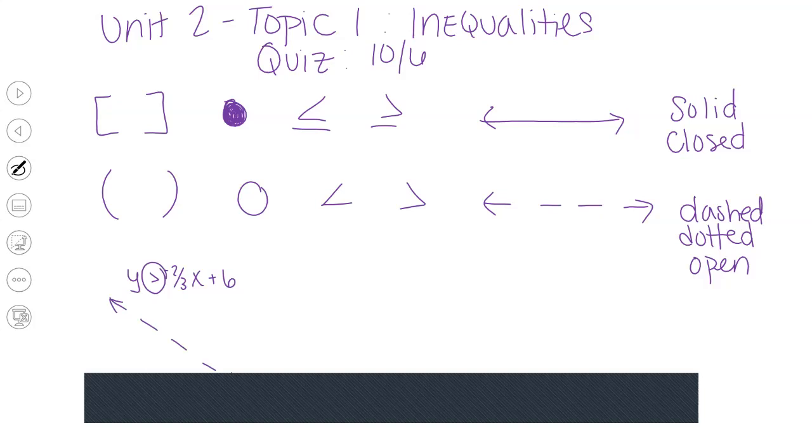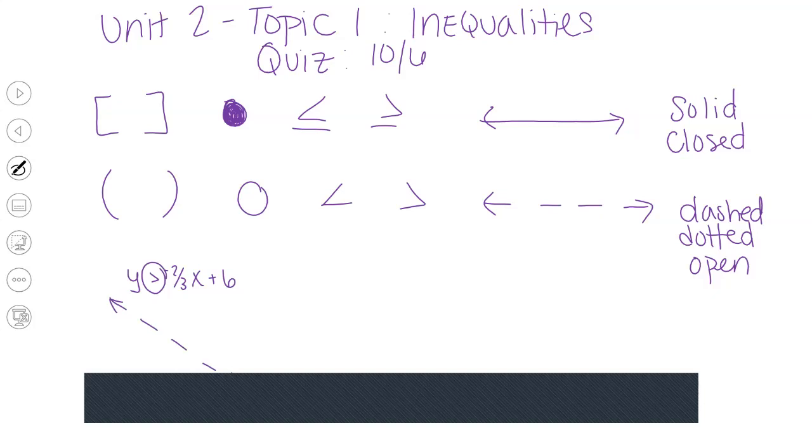Okay? Now, here's the hardest part of the entire Unit 2. Okay? Where do I shade? An inequality shows me a region, not a specific point like we did last week. It's an entire region. There's lots of different answers. How do I say this?